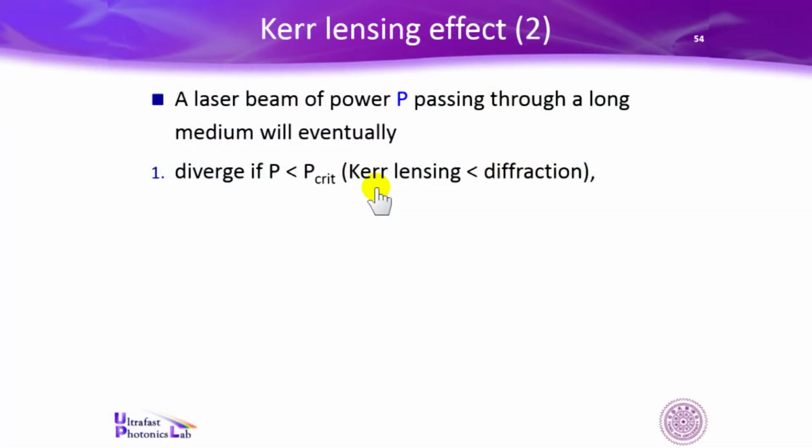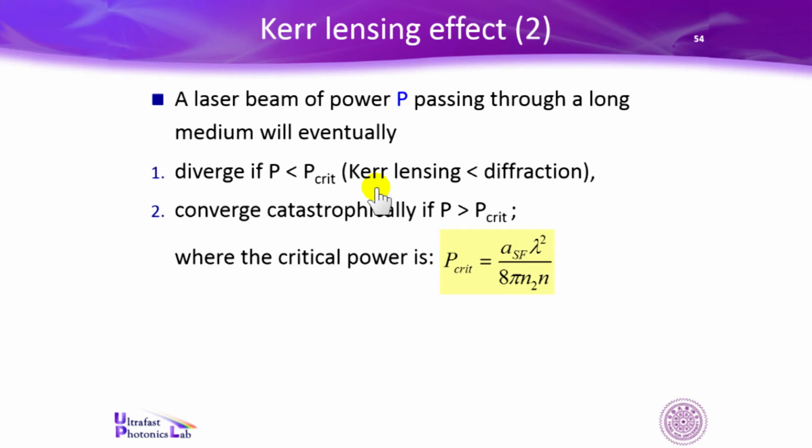You know Kerr lensing is a focusing effect. And linear optics tells us you will suffer from diffraction. It's a divergent effect. So you have two counteracting effects: Kerr lensing for focusing, diffraction for divergence. Okay? If Kerr lensing or self-focusing is weaker than the diffraction, in the end, it will diverge.